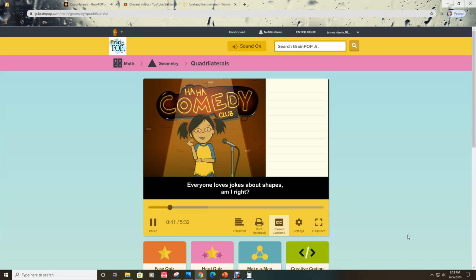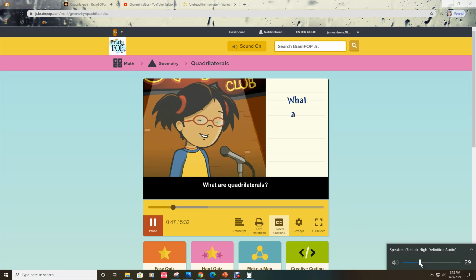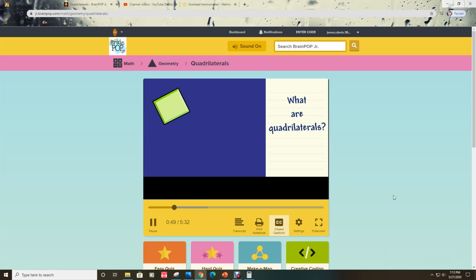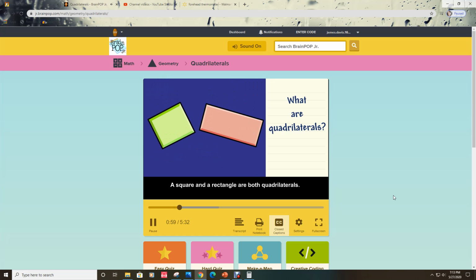Everyone loves jokes about shapes, am I right? What are quadrilaterals? A quadrilateral is a closed shape with 4 straight sides. Right, Moby. A square and a rectangle are both quadrilaterals. Both shapes have 4 sides.